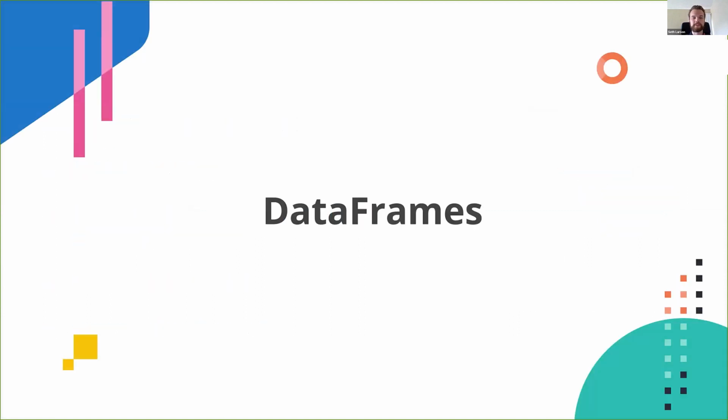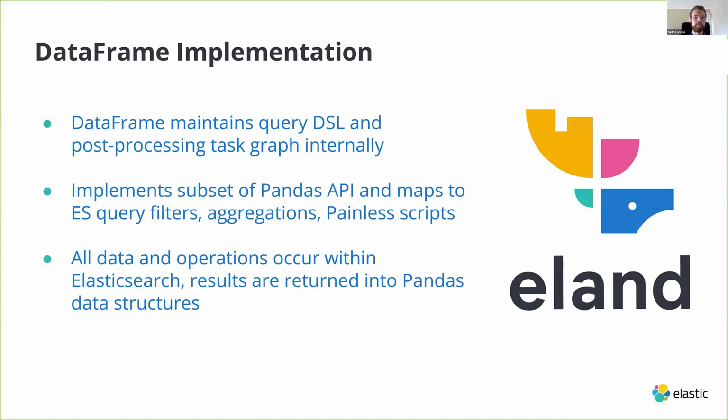OK, so let's get started with the bulk of what this talk will be about, which is data frames. Eland's primary API is a DataFrame API. That data frame maintains a query builder and a task graph internally, so that you'll be touching a DataFrame API and building on that incrementally the same way you would in Pandas.